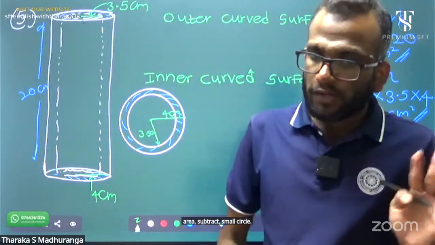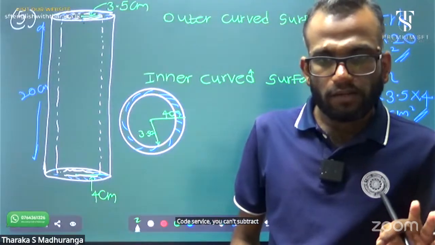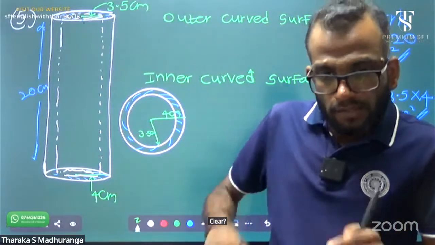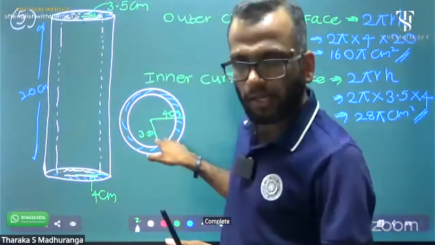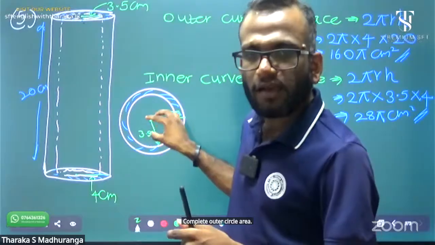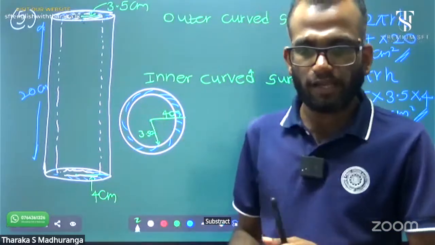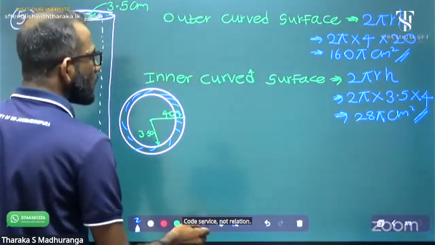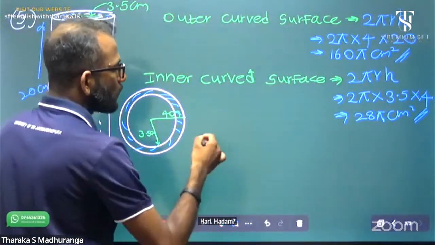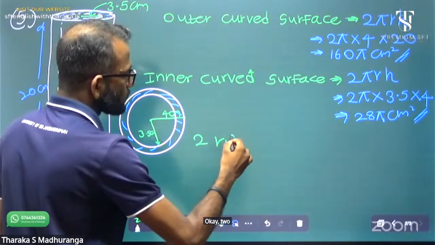Curved surface you can't subtract. Clear? Do we have to find the circle area? Complete outer circle area, subtract inner circle area. Curved surface has no relation. Okay, two rings area.